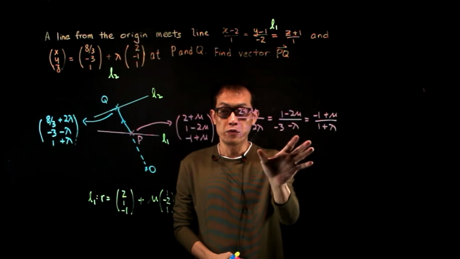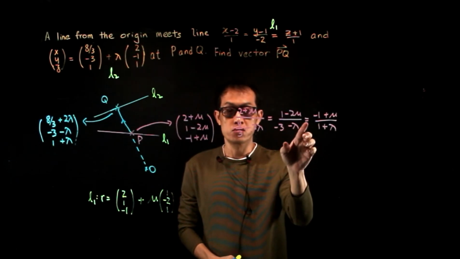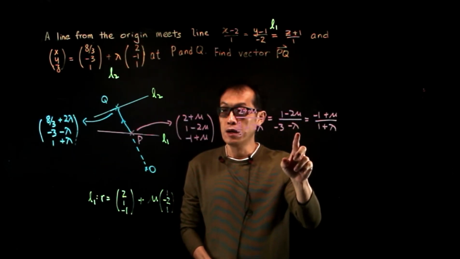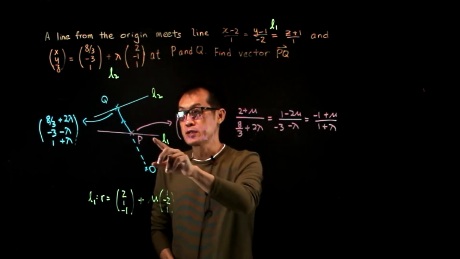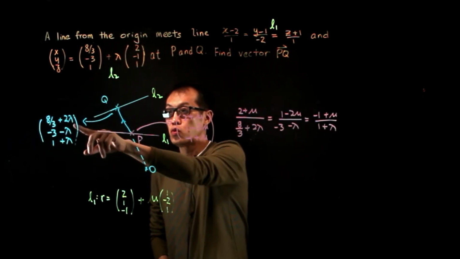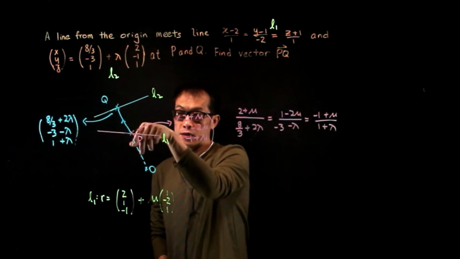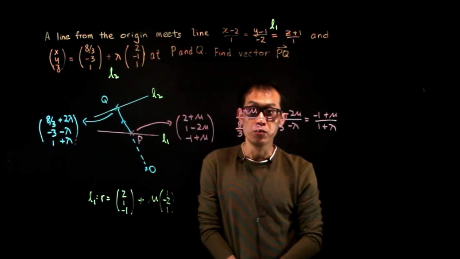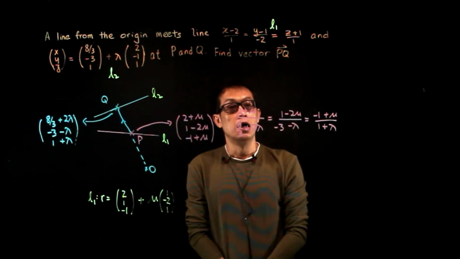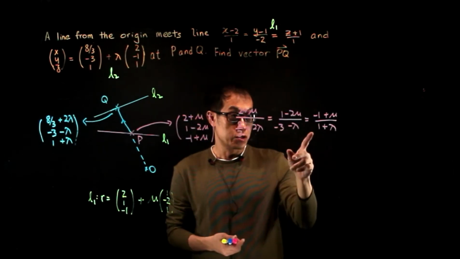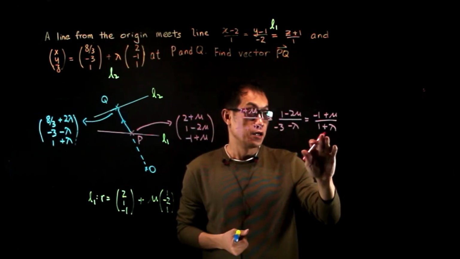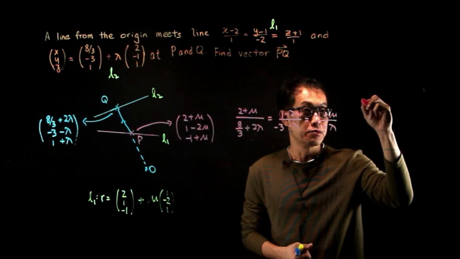Now, what we can do is we can try to solve for mu and lambda. Once we get mu and lambda, we substitute back into these two expressions. We can get the vector PQ easily. Now, how to solve this? Let me tell you something that some of you may not know.